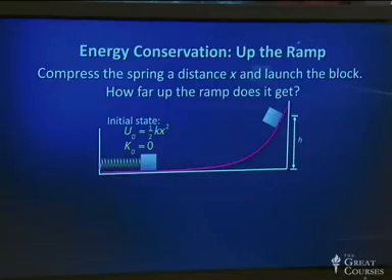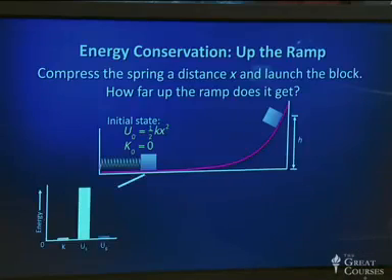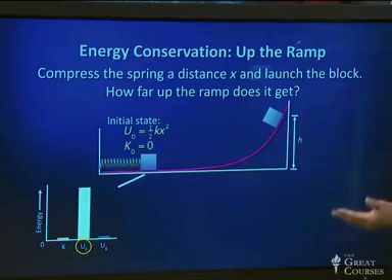Let's take a look, though, at this graphically. So there's the initial state. I've got another one of these energy versus type of energy graphs like I had in that animation. And now I have three types of energy. I have kinetic energy on the left, spring potential energy, U spring, in the middle, and gravitational potential energy on the right. We start out with no kinetic energy because it's not moving.